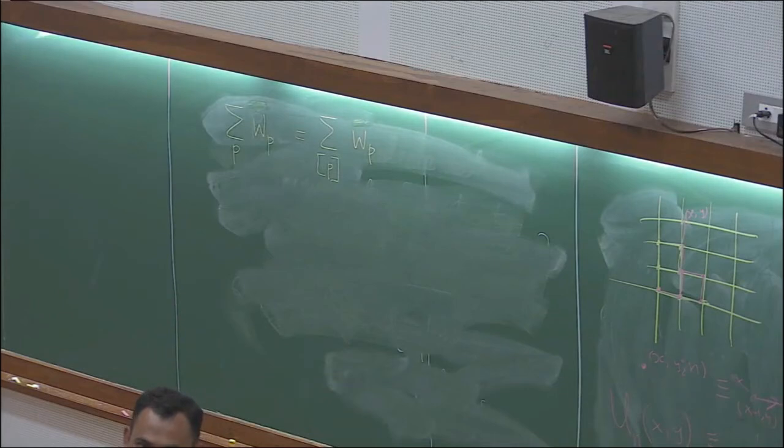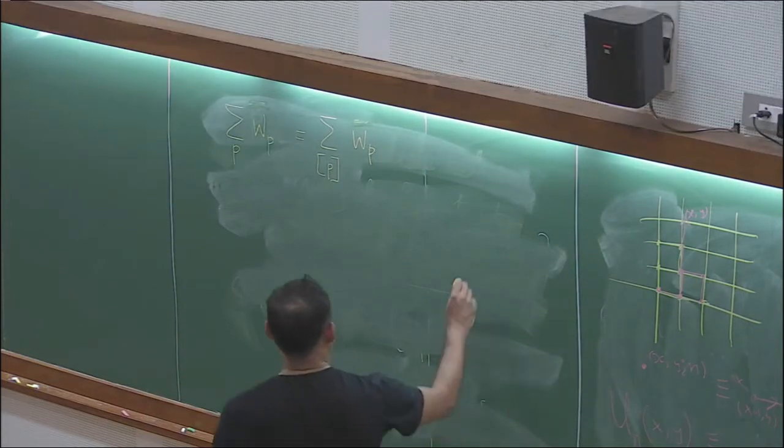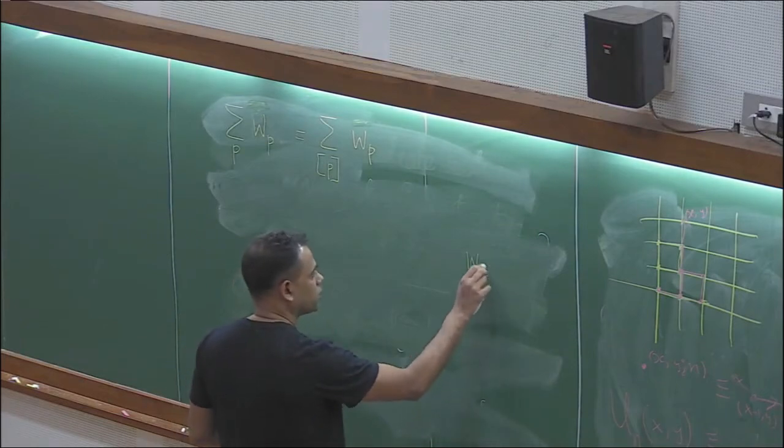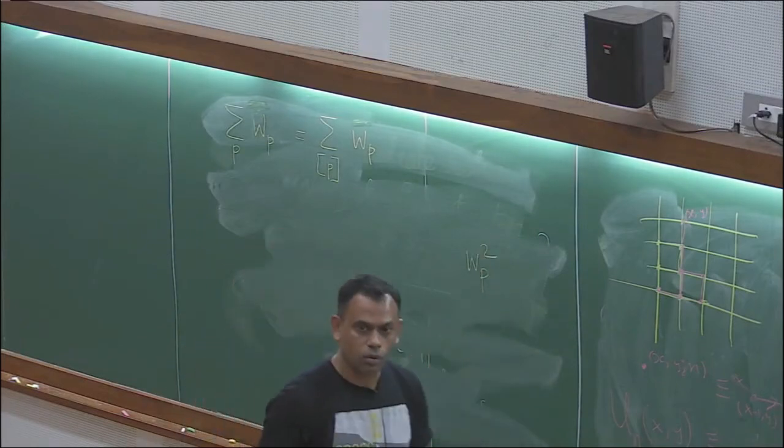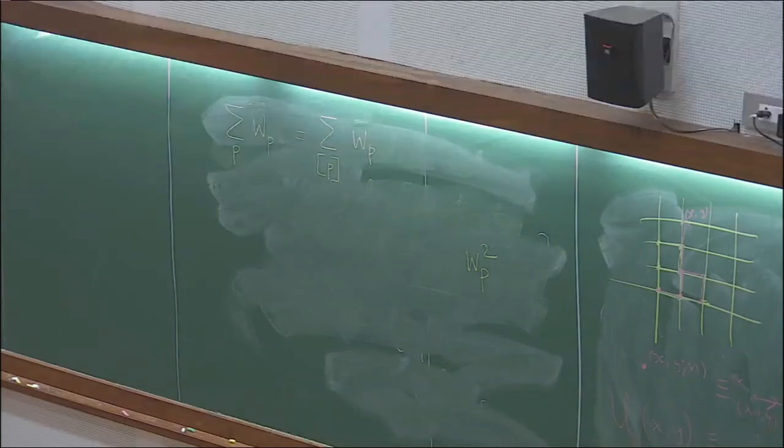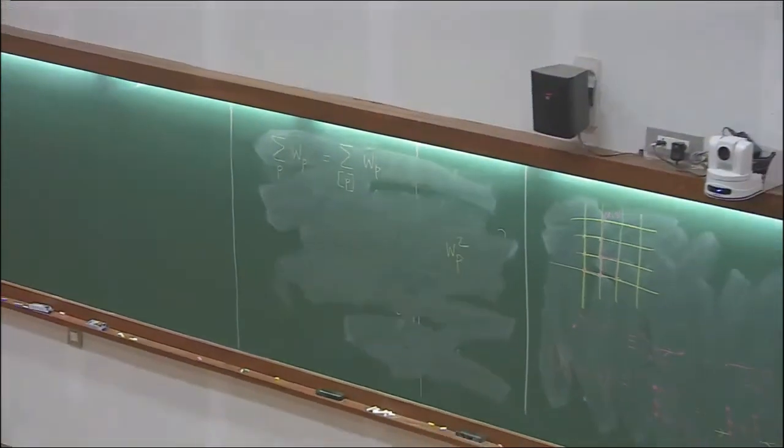If I want to generate a periodic orbit of size 2, how will I generate them? If I take WP squared, what terms does it generate?